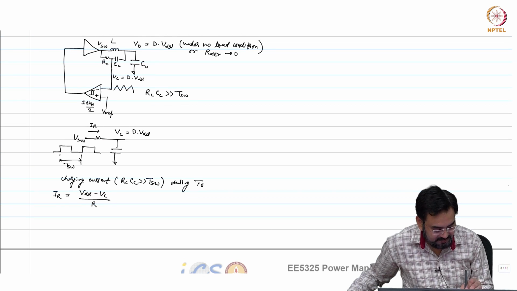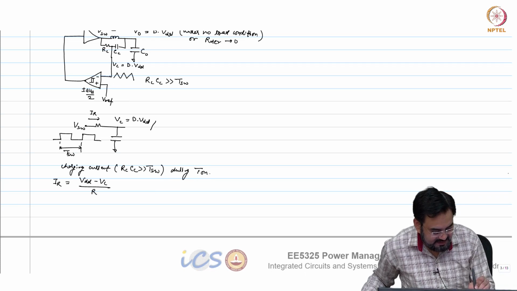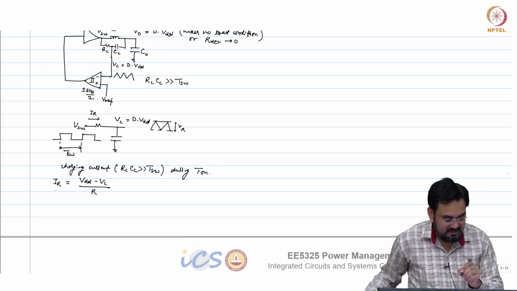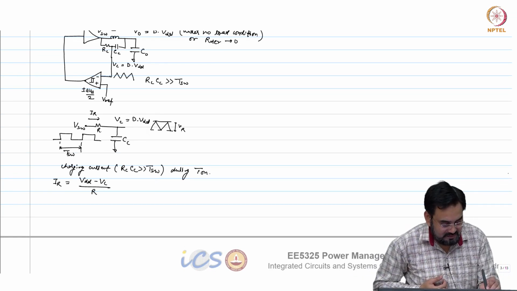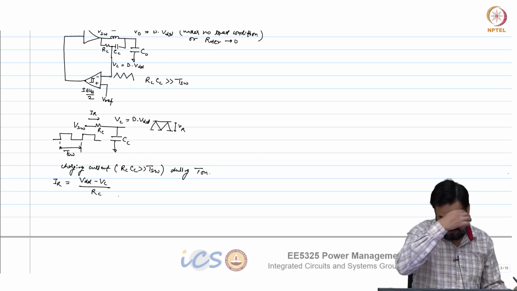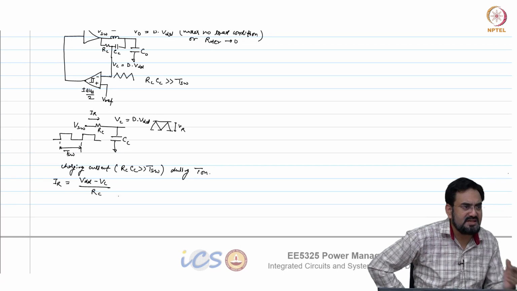During T on, and we know Vc is like this. So, if I call it VR, what will be the VR? Sorry, RC. How come? Is it charging the capacitor?